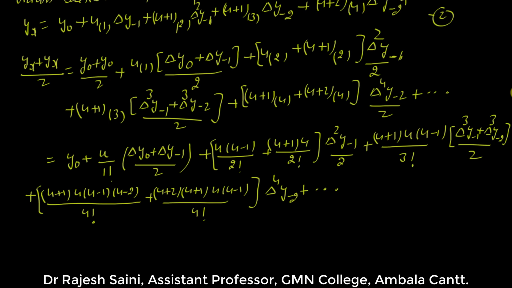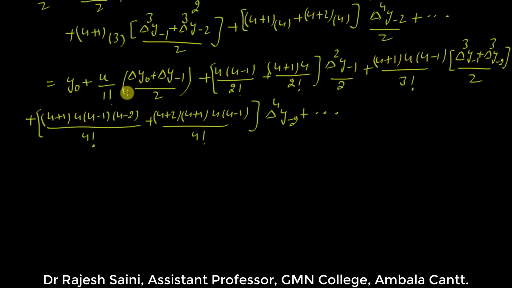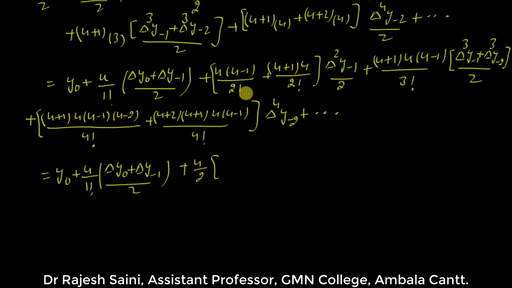Okay, so now this is further equal to y naught plus u by 1 factorial delta y naught plus delta y minus 1 by 2, plus take common out, u by 2 will be common. Inside we are left with u minus 1, u plus 1.